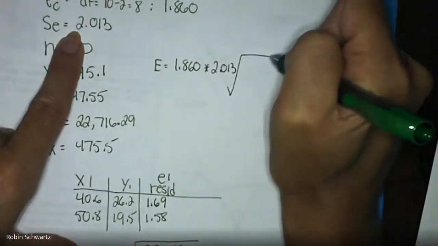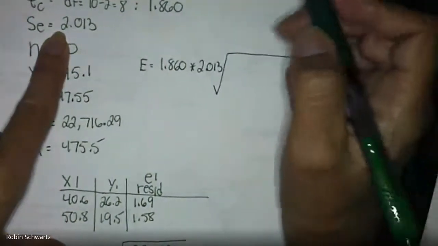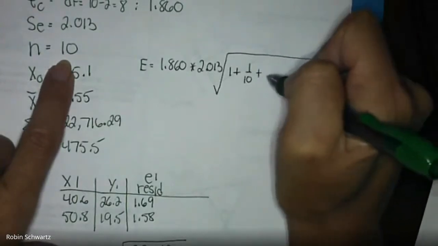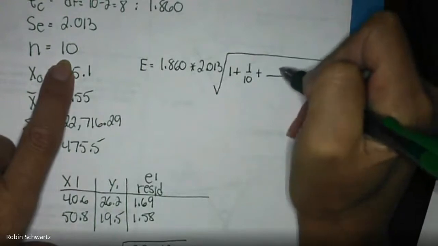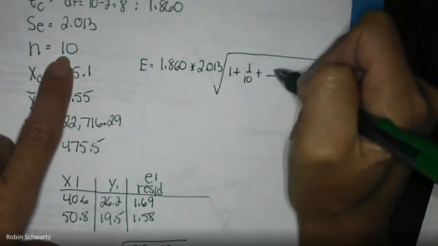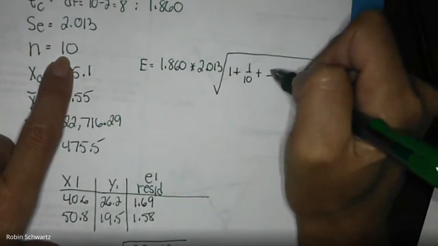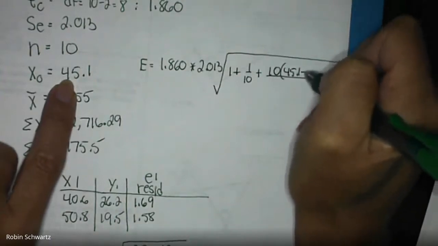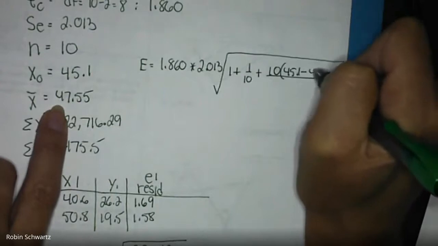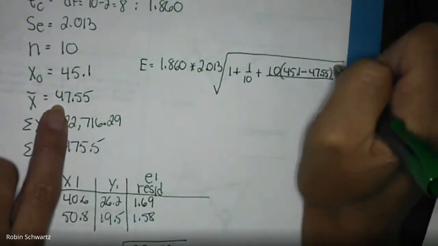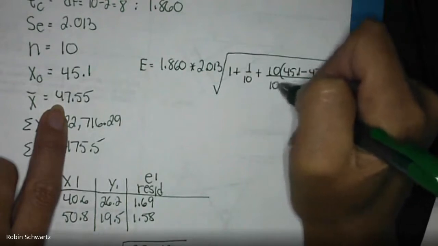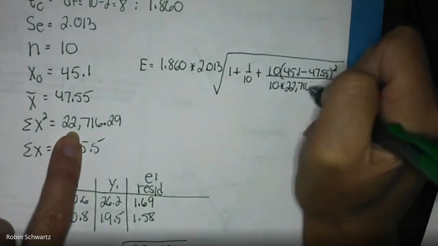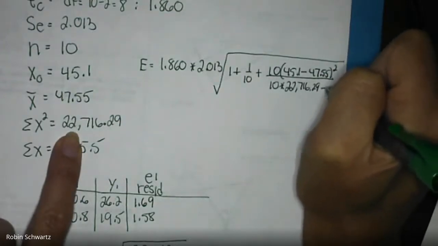And you got that big square root coming. 1 plus 1 over n plus, now a fraction, 10 times the XO, 45.1 minus the X bar squared over 10 times 22,716.29 minus this one squared.